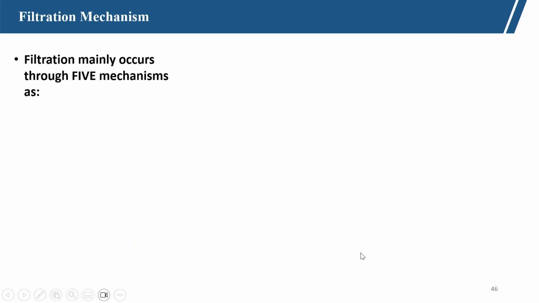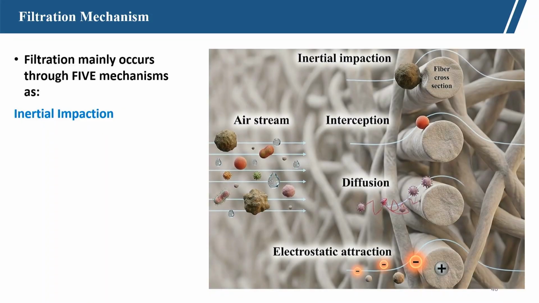Now, the filtration may occur through 5 mechanisms, as we have already discussed in general filtration, but in the case of the face mask also all 5 mechanisms are used, particularly in the filtration layer. So, the air stream is moving with different types of airborne particles, like droplets, small particles, virus, and bacteria. First, inertial impaction.